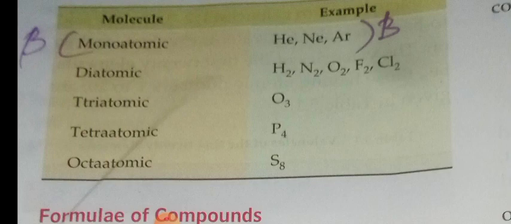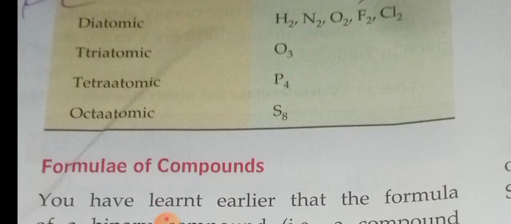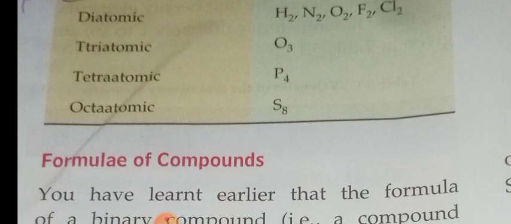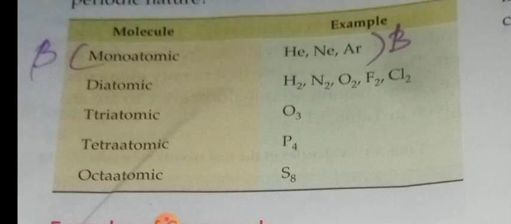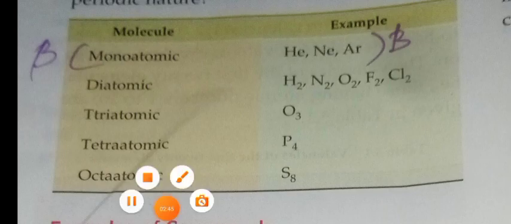They contain two atoms, so they are called diatomic molecules. And triatomic O3, tetraatomic P4, octatomic S8. These are the various symbolic representations of chemical elements.